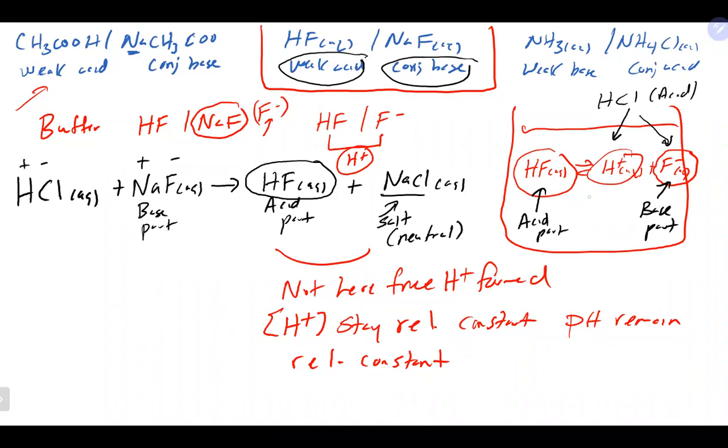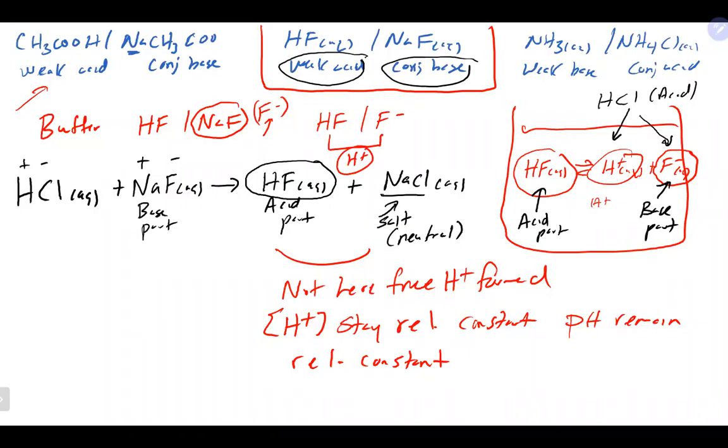In reality, you will generate a little bit more H plus because you made a little bit more HF, so you'll see the pH change a little bit, but not a giant jump, because it was able to maintain the amount of H plus in that solution. Any questions on that there?